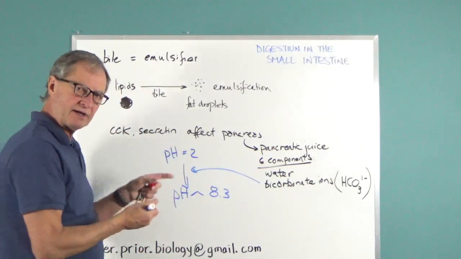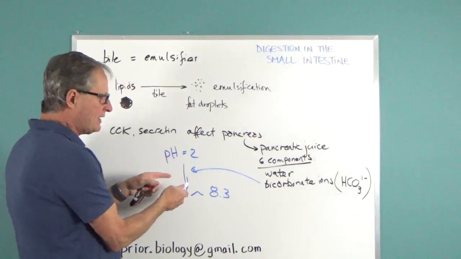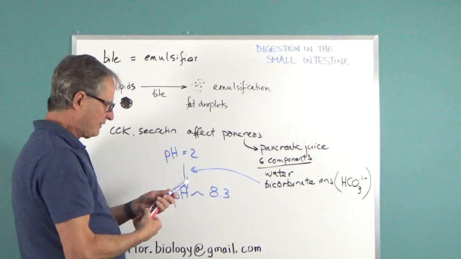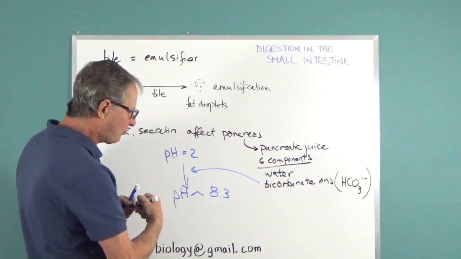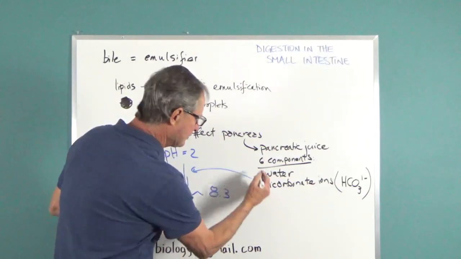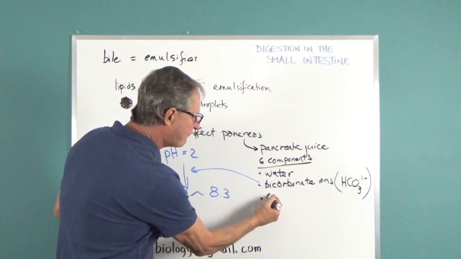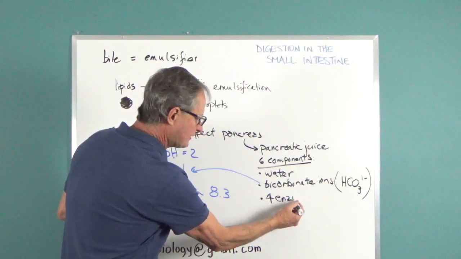And they buffer it, keep it at 8.3, because the other 4 components of pancreatic juice are enzymes. And they all work at 8.3. So we've got 6 components: water, bicarbonate, and 4 types of enzymes.